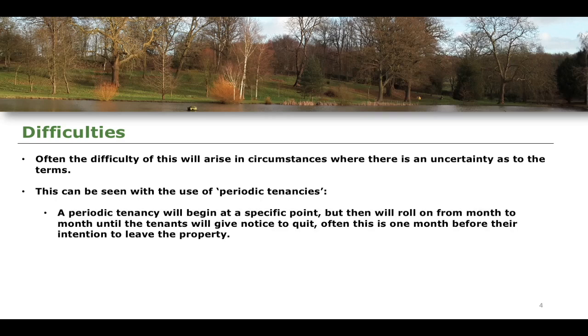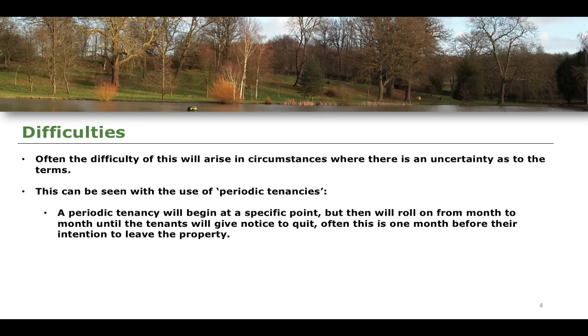Periodic tenancies will have certainty as to the beginning of the agreement, so the start point is often firmly certain. But then they will roll on from month to month until the tenants give notice to quit. This will often be stipulated as requiring 1 month notice, maybe even a little bit longer, of their intention to leave the property.